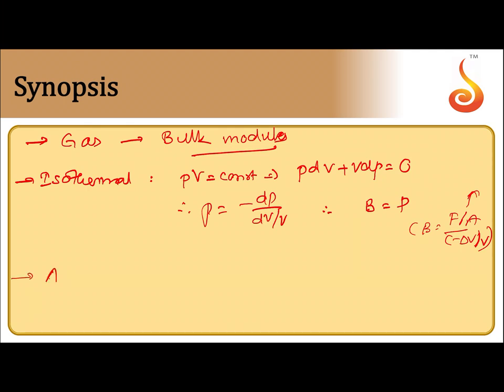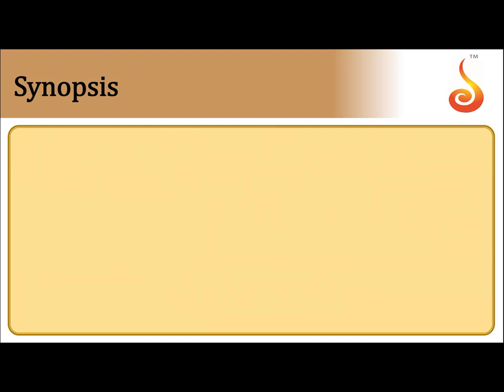What about adiabatic process? For an adiabatic process, PV to the power of gamma is constant. So if I differentiate it, P gamma V to the power of gamma minus 1, correct, into dV plus V to the power of gamma dP is equal to 0. And we can simplify it further.